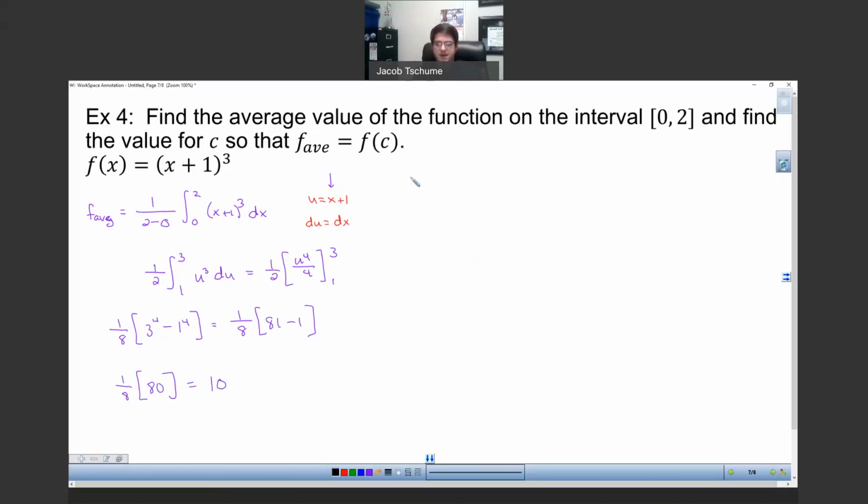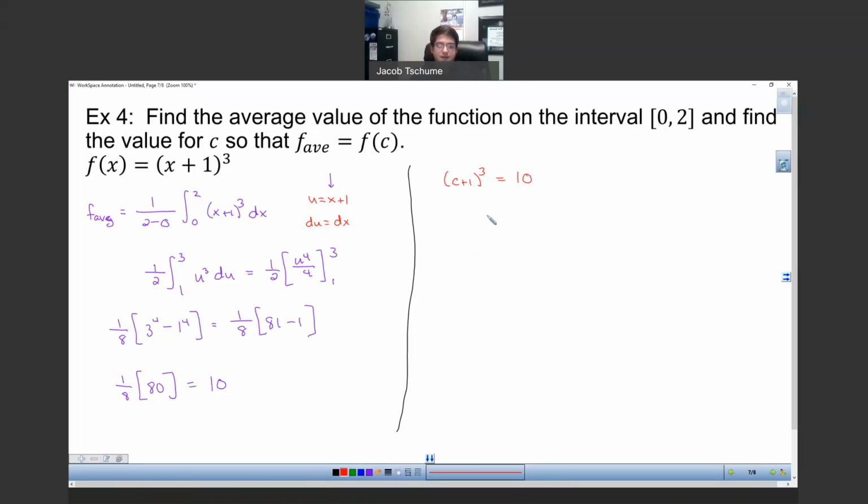Now, according to the mean value theorem of integrals, there should be a value c in between 0 and 2 such that the average value equals the original function at c. So I'm going to take the original function, which is x plus 1 cubed, and replace x with a c. Then I'm going to set this equal to the average value that we just found, and solve for c.